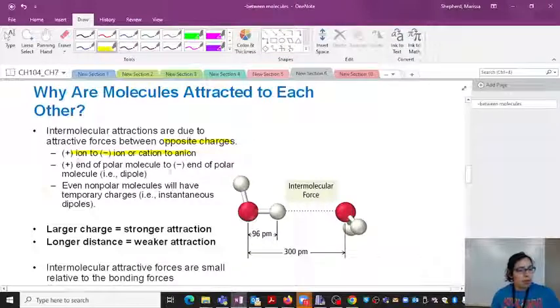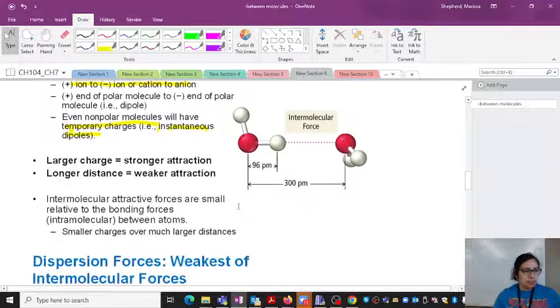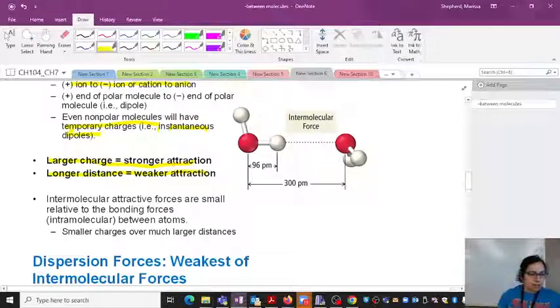Or we could see it in, for example, a polar molecule. This is where determining dipole moment will come back. And even nonpolar molecules will have temporary charges, and we'll look at what is meant by this instantaneous dipole. A larger charge means a stronger attraction, and a longer distance means a weaker attraction.